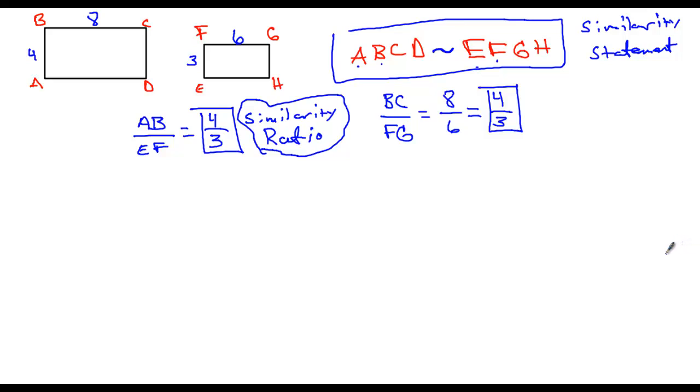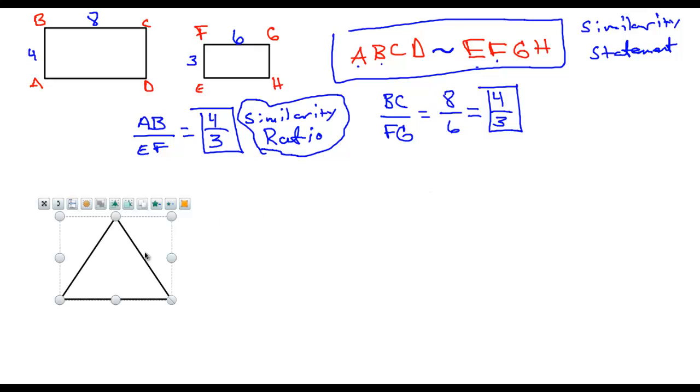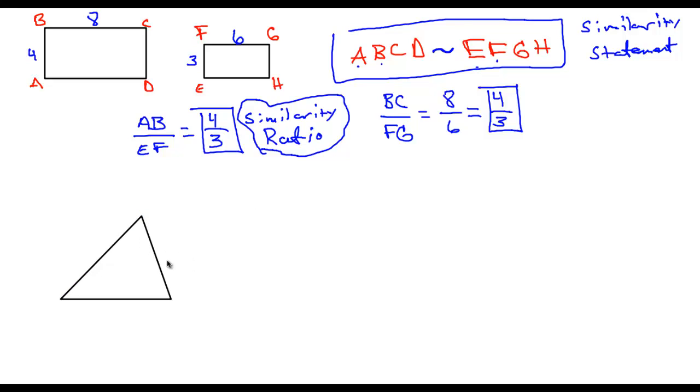Now, one of the things that you're going to be asked to do is not just to say that everything is similar. You're going to be given things that may be similar and may not be similar. So, alright, I'm going to take this triangle. I'll make sure it's nothing special about it, just a triangle. So none of the sides are the same.